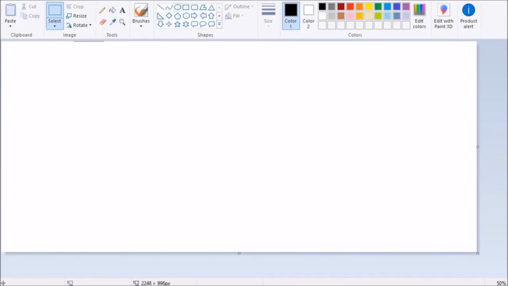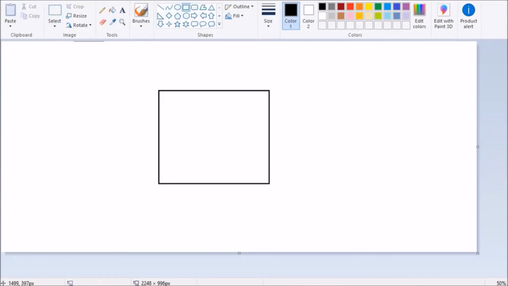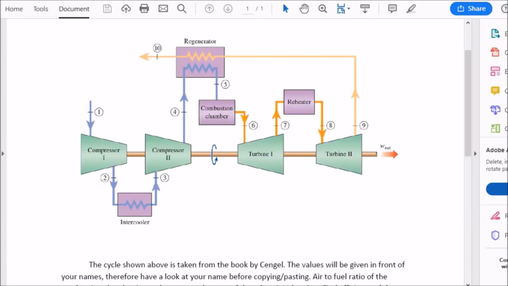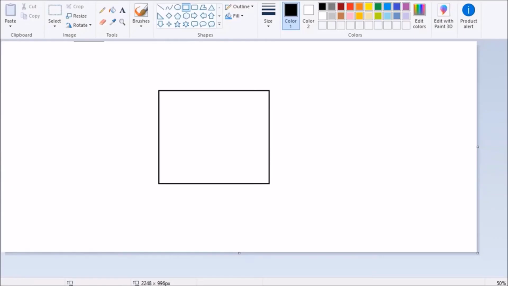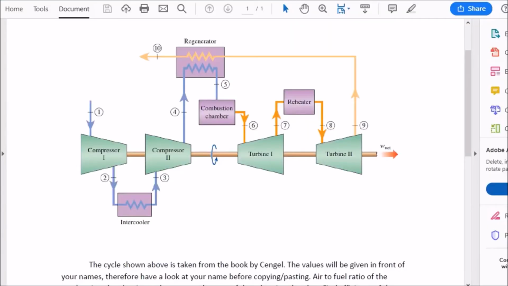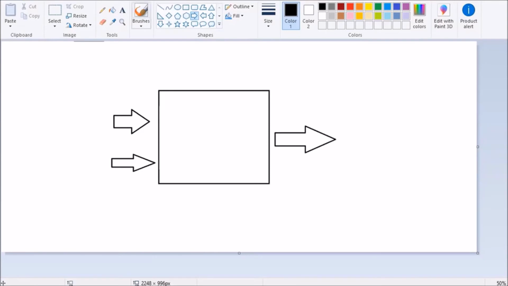We have an inlet which is fuel, and we have another inlet which is air, and we have one outlet, which is 6. For 6 we assume it is an air-fuel mixture treated as air.